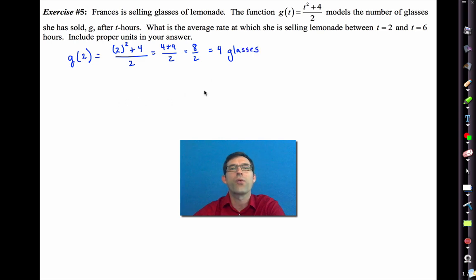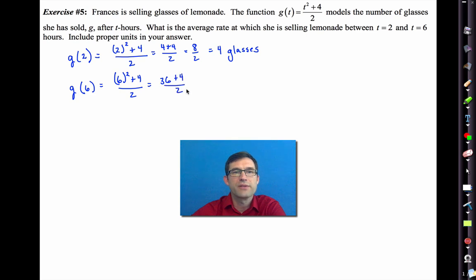She's sold 4 glasses after 2 hours. Maybe not the greatest sales. Anyway, on the other hand, after 6 hours, we've got 6 squared, which is 36, plus 4, that's 40, divided by 2, gives me 20 glasses.